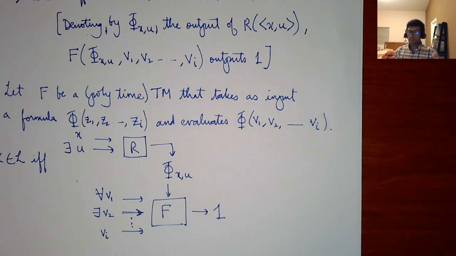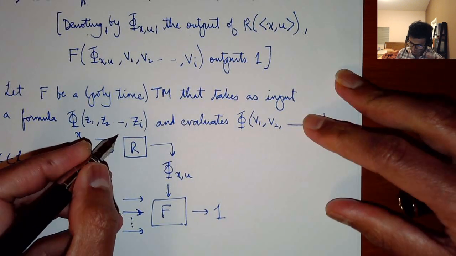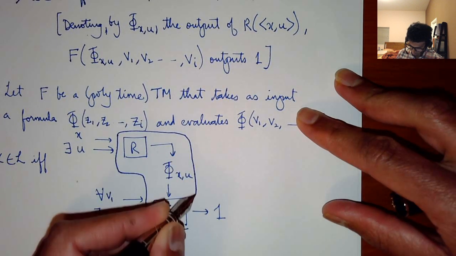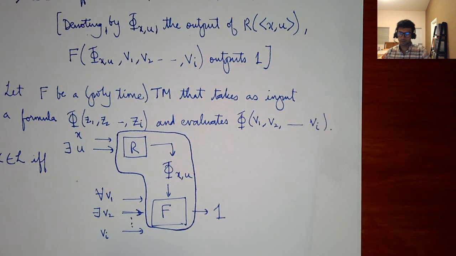So does this make sense? X is in L if and only if this is true. Okay? Now, for convenience, I'm going to combine all of this into one machine.